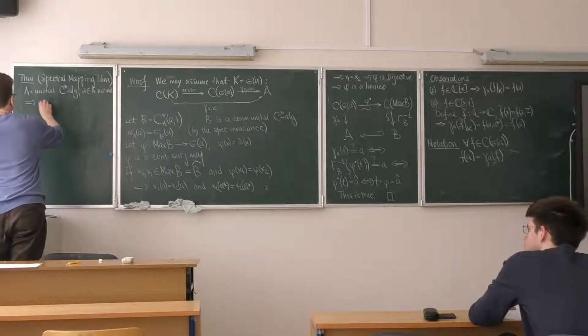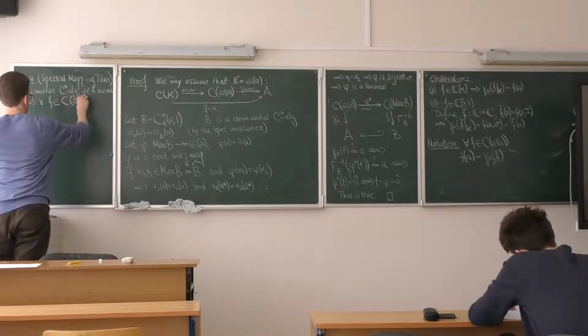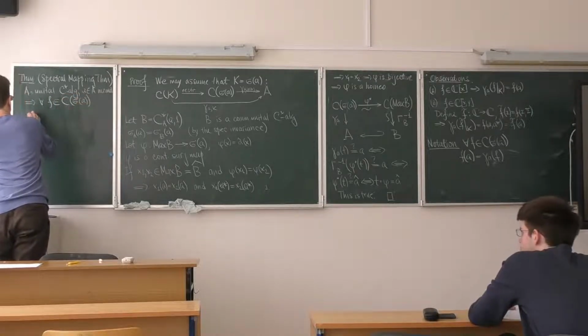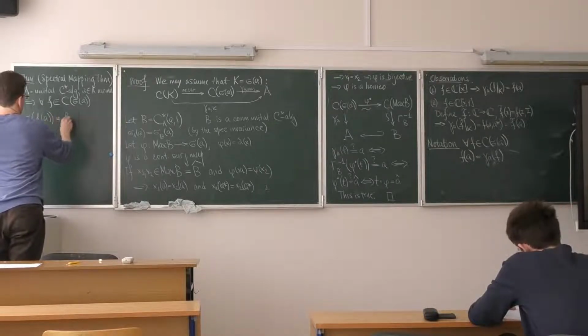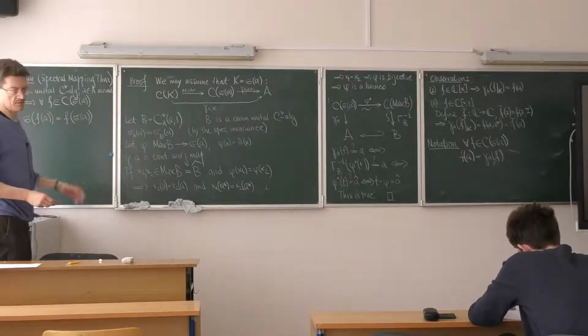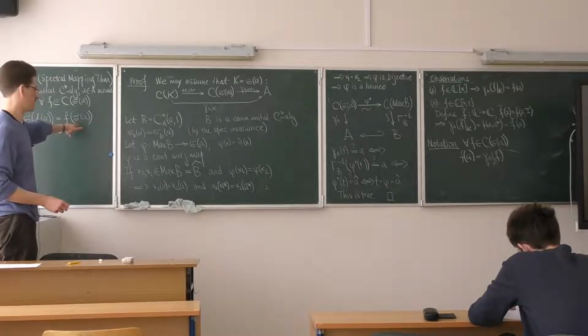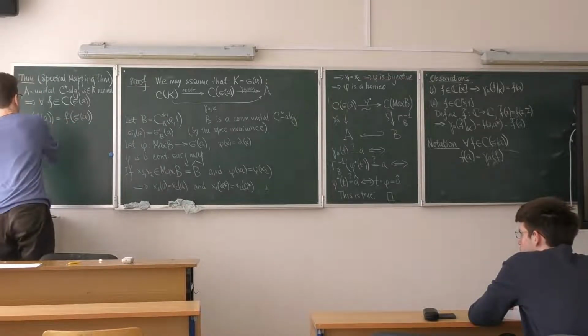Then, for any continuous function f on the spectrum of A, we have the following elegant and easy to remember formula. The spectrum of f of A is the range of f on the spectrum of A, the image of the spectrum under f.